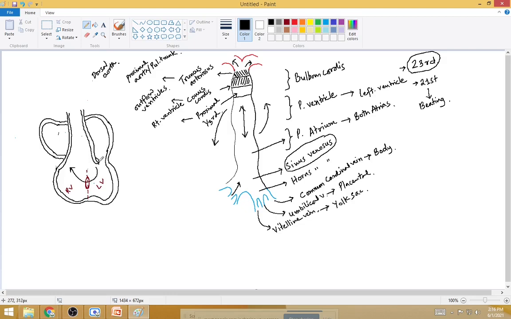Okay, this is known as the bulboventricular sulcus, which you can see from the outside, from the front. Later on, what happens? Some cell deaths occur here.